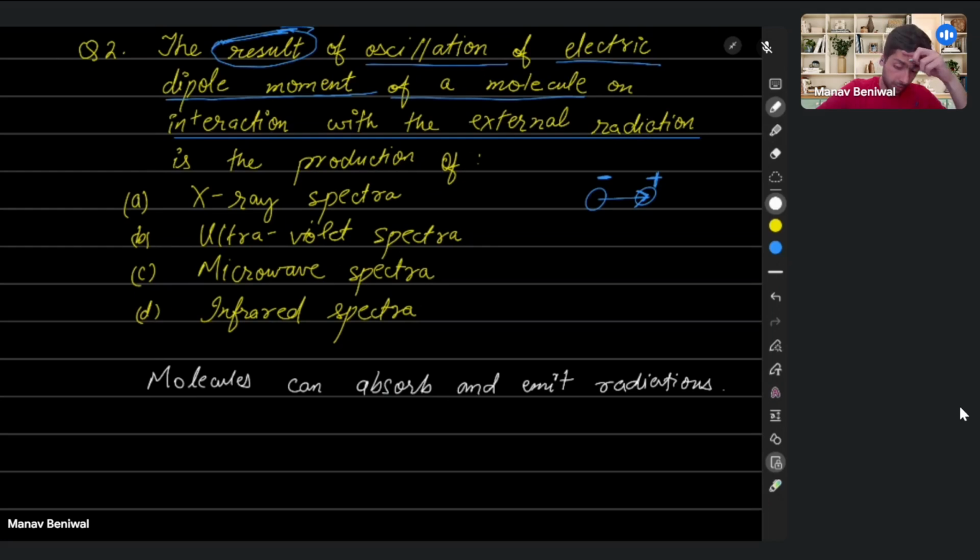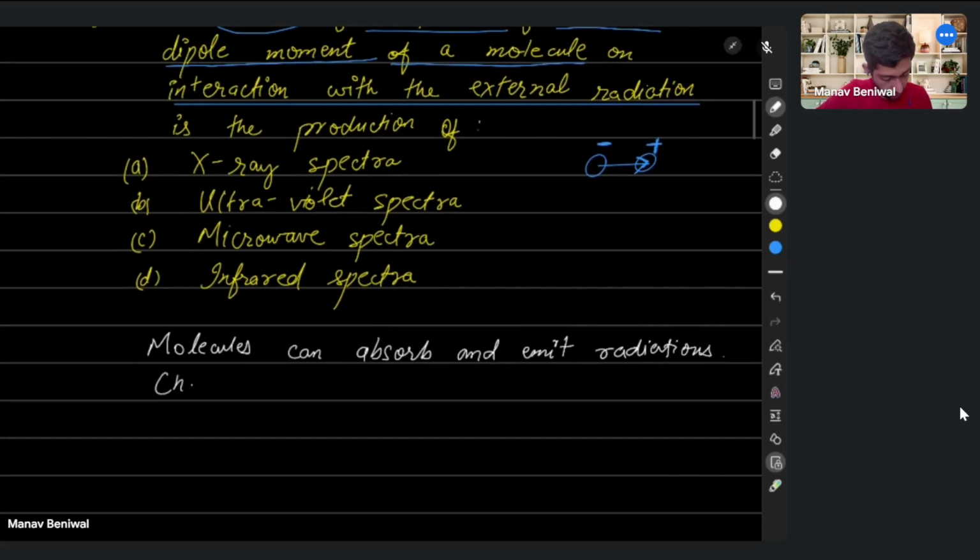And the frequencies of the radiations that they emit or absorb depend on different types of molecular motions. When we talk about electric dipole moment of a molecule, changes in dipole moment occur during vibrational motion.